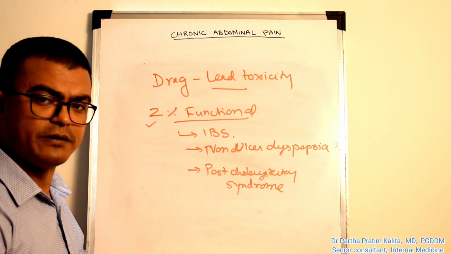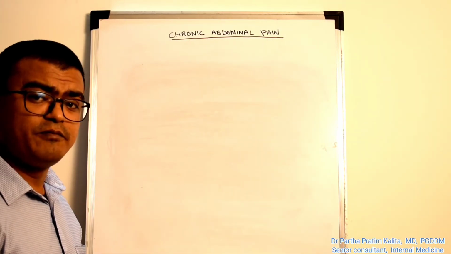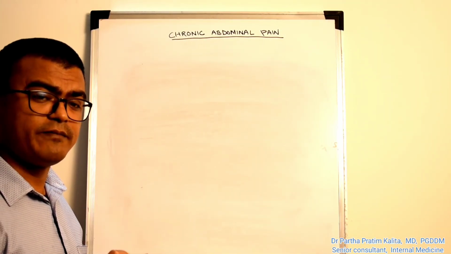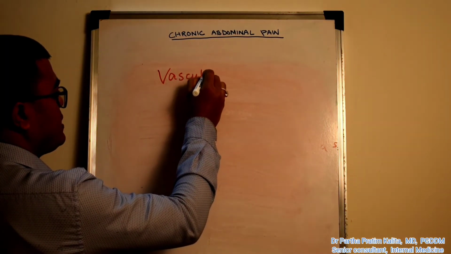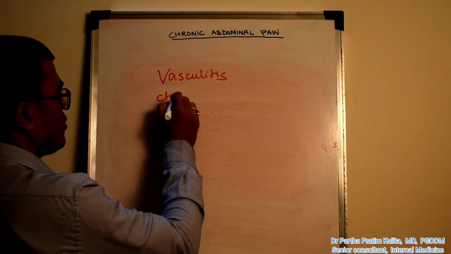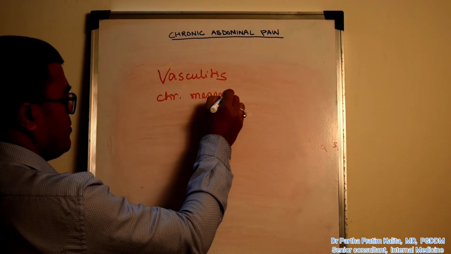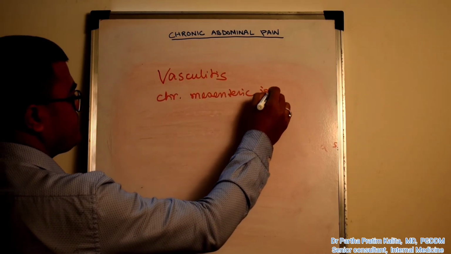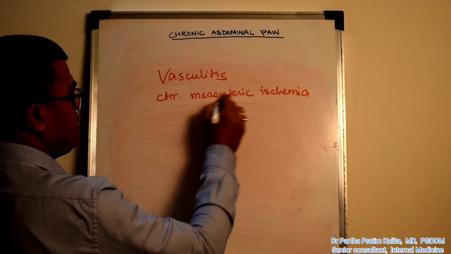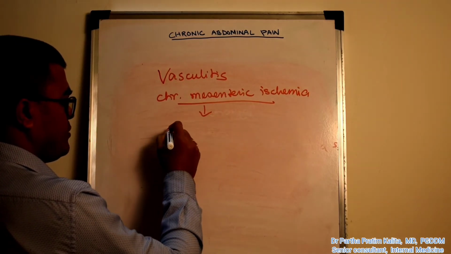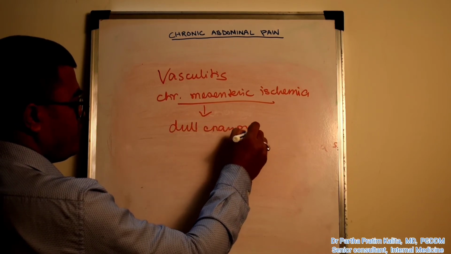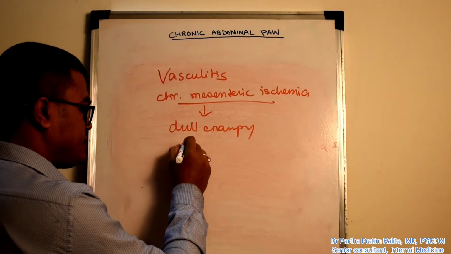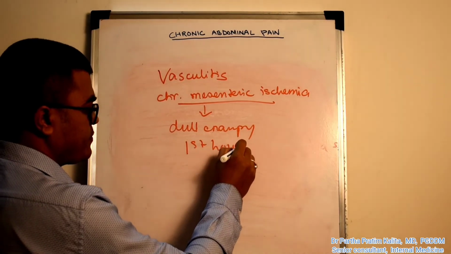So lastly, another important cause of chronic abdominal pain that is missed is vasculitis or chronic mesenteric ischemia. In this disease, usually the patient feels dull, crampy abdominal pain in the first hour of eating.